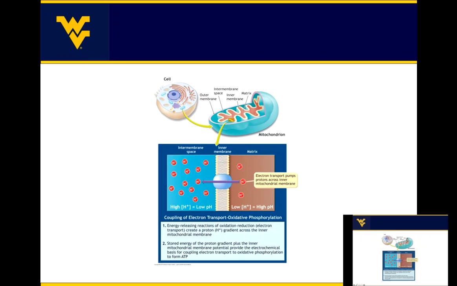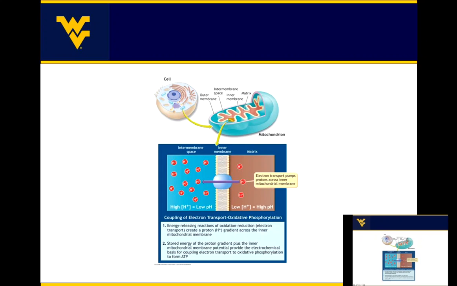So really, how are we resynthesizing ATP? Remember, ATP, adenosine triphosphate, has these high energy phosphates that are bound to it. How do we resynthesize it? Well, we've got to put energy into it. Where's the energy coming from? It is coming primarily because of this electron transport and the process of this proton gradient.